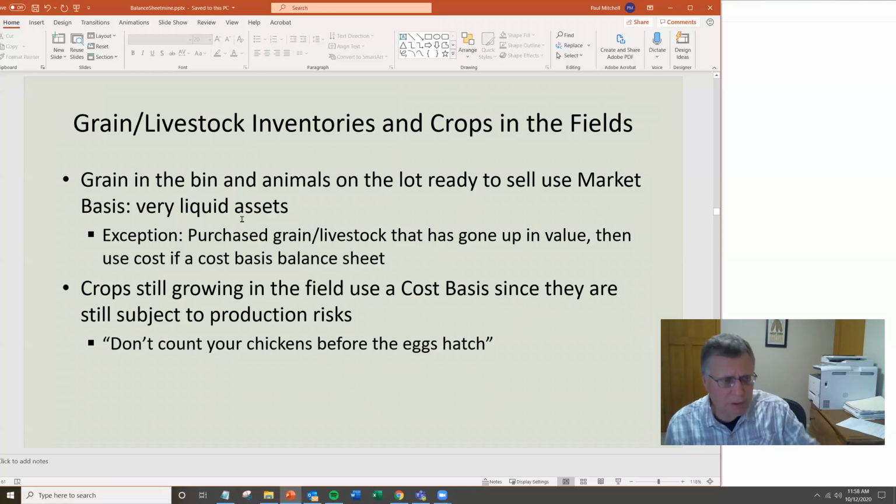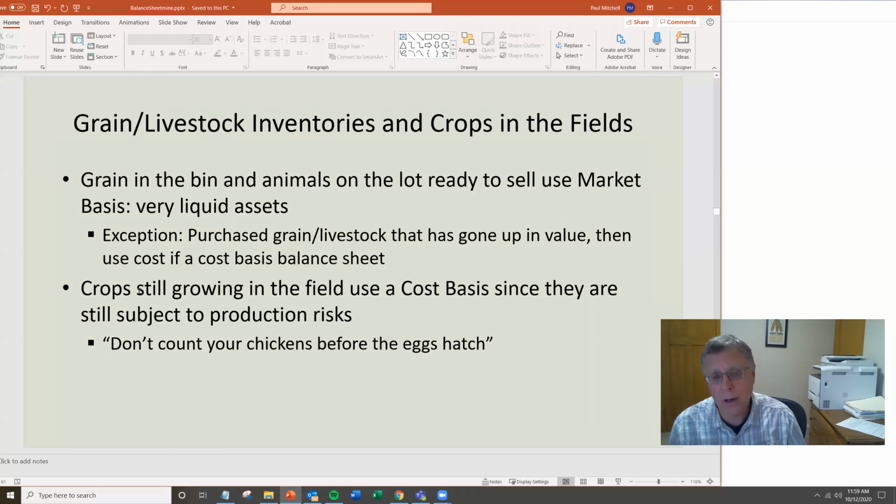So we've already talked about this. When you talk about how things change in value, you can use the minimum of the cost. Crops are growing in the fields. Even in the market basis balance sheet, they like to use the cost. It's just, you don't count your chickens before they hatch. If you have a crop in the field, say it's July 1st and there's corn growing out there, you don't use in a market basis balance sheet the expected value of that grain.